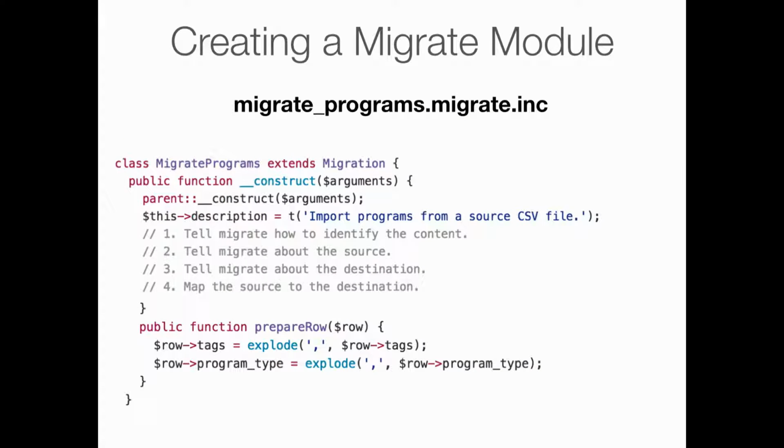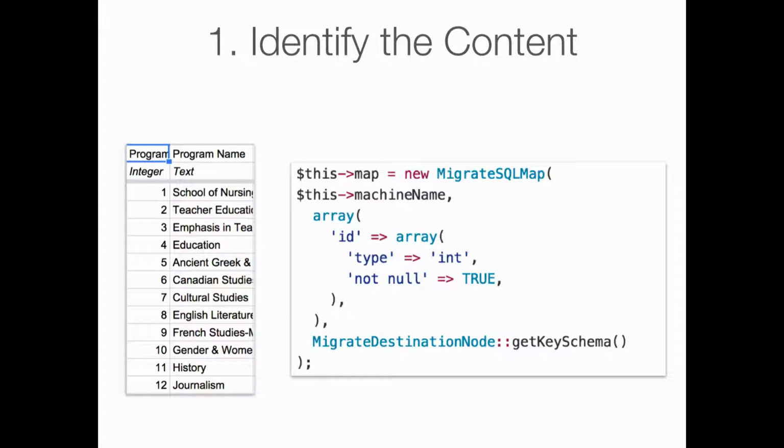So the first bit of code that I'm going to fill in here is where I'm going to tell Migrate how to identify the content. One nice thing, like I mentioned before, with the Migrate module is that you can migrate in a bunch of content, and then you can roll back that migration.